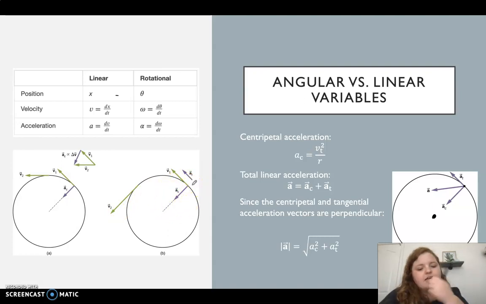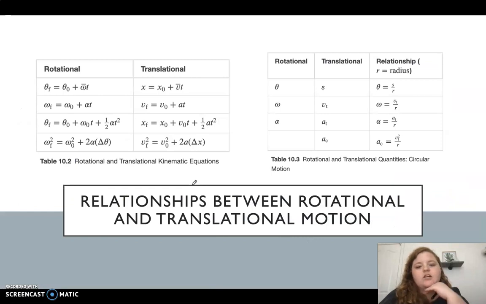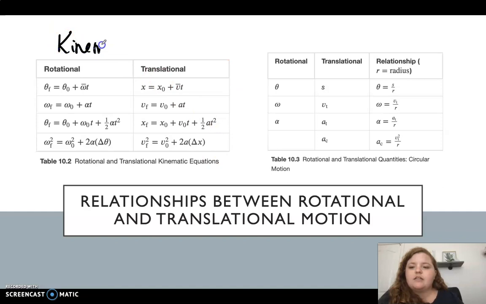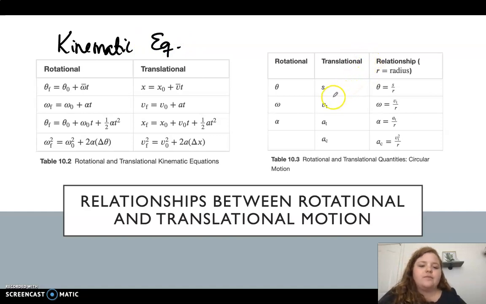So let's go ahead and look at this in another way. These are going to be more relationships between rotational and translational motion. These are comparing our kinematic equations. So these are the kinematic equations, and then we have our relationships between rotational and what we call translational motion.